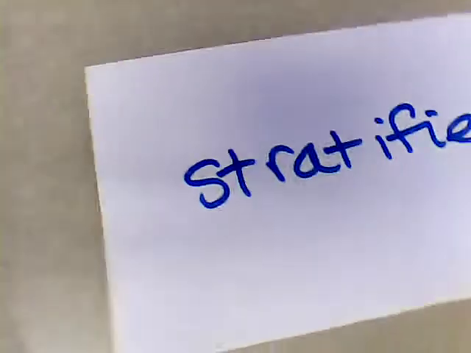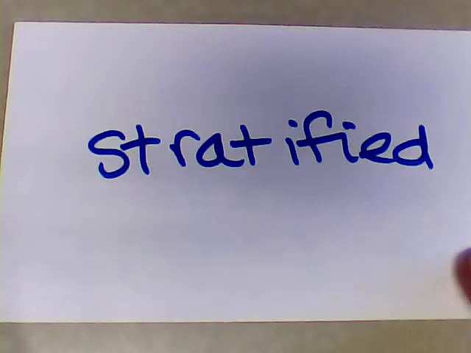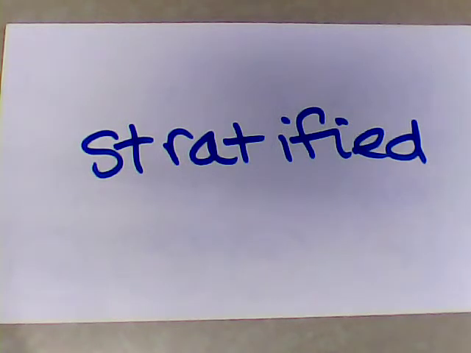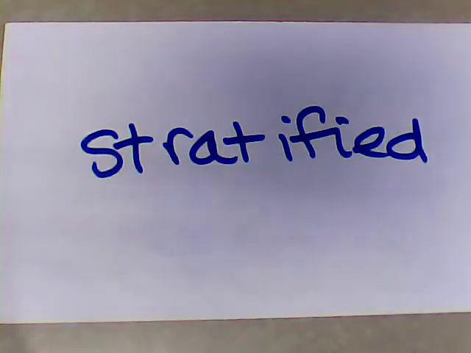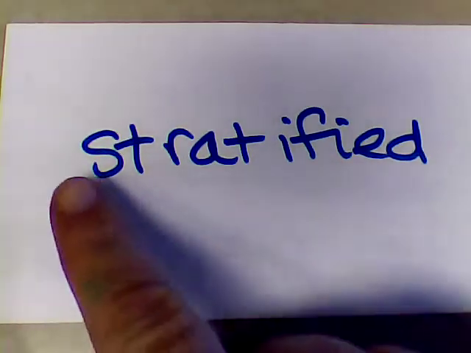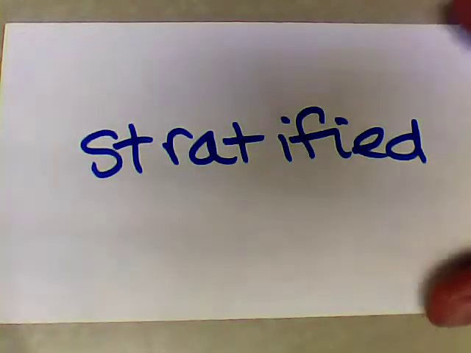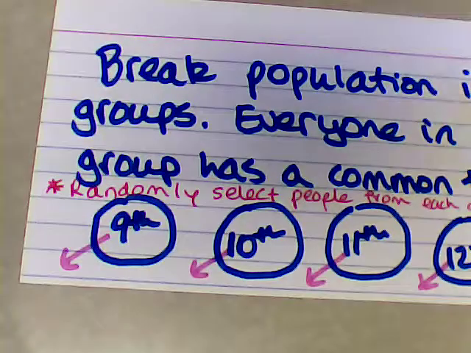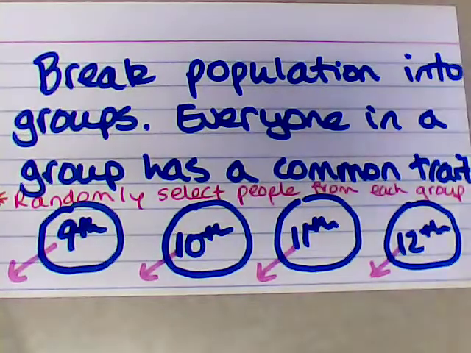We have 3 left. This one, stratified: if you're into science, there's different layers to our atmosphere, stratosphere, troposphere. But strata is part of this word, and strata are different layers. So how a stratified sample works is you break your population into groups.